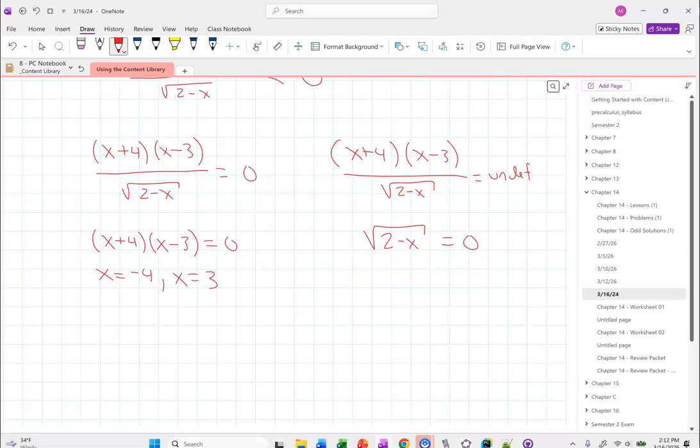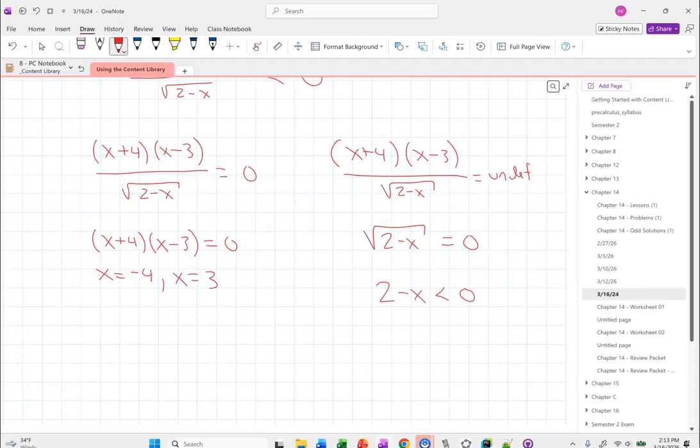Not when it's in the denominator, but when the stuff underneath it is negative. So there's two things that make this undefined: a 0 denominator, and the square root of a negative. Everybody's good?